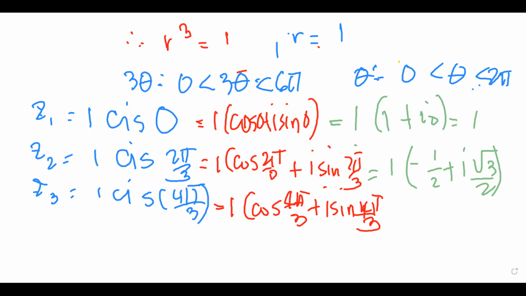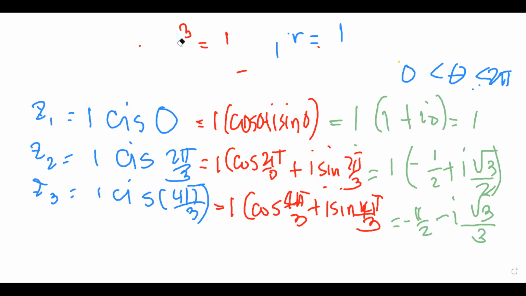So Z3 here is equal to negative 1/2 minus i root of 3 over 2. If we are going to plot this now into our Argand diagram, let me just erase this part here so I can use this space.